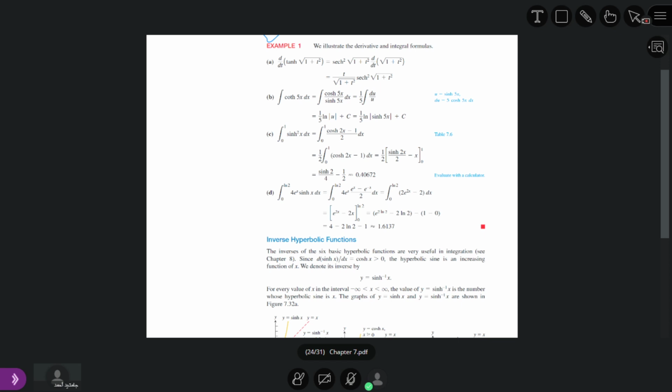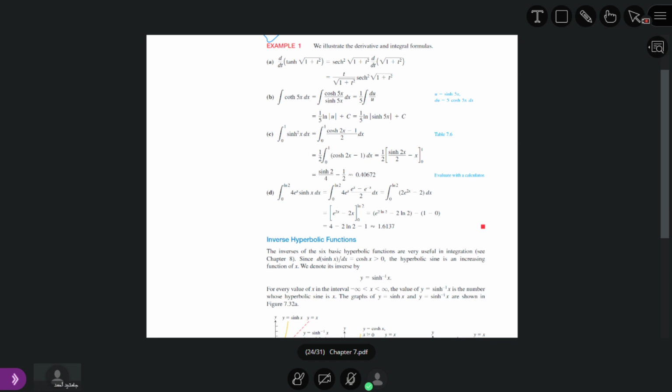So here we shift 1 over 2 to the front and decrease 1 from the power: 1 by 2 times 1 plus t squared to the power minus 1 by 2, dot derivative of 1, which is 0, plus derivative of t squared, which is 2t. Now this 2 will be cancelled with that. So what will be the remaining?